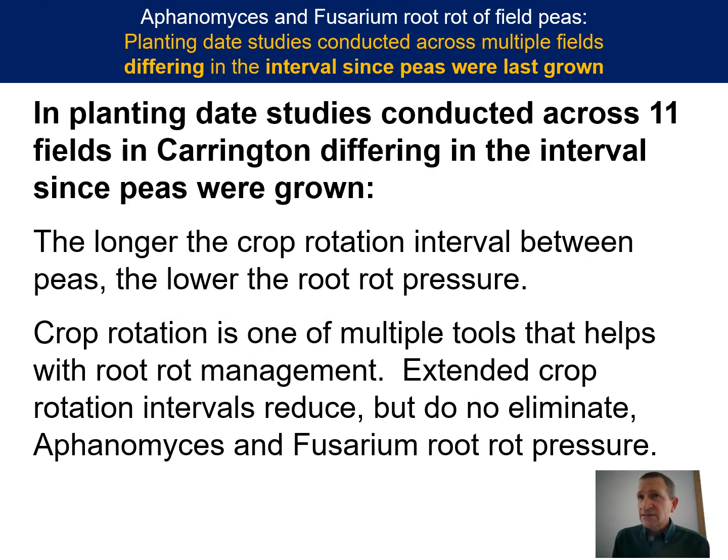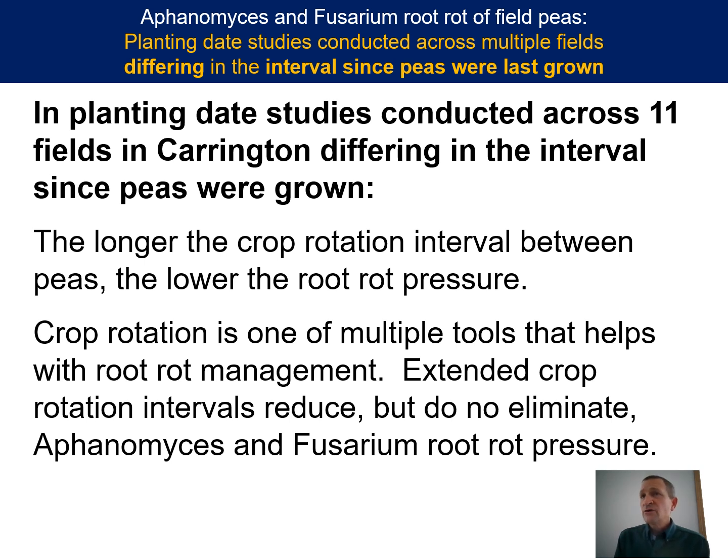Now, we conducted a second set of studies looking at the impact of crop rotation interval. And these were planting date studies that we conducted in 2023 and 2024 in Carrington across 11 fields that all had a long history of pea and lentil production, but differed in the interval since the last time peas or lentils were grown. These also differed in the severity of the Aphanomyces root rot.